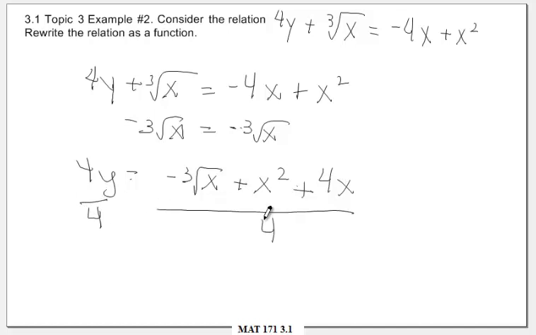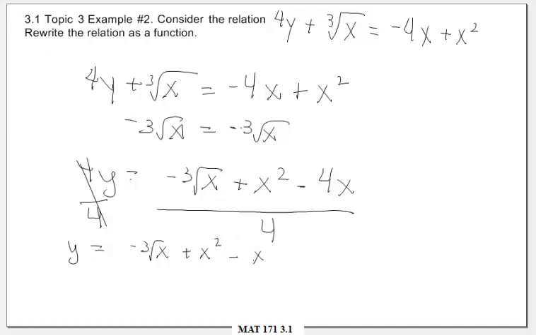And it simplifies to y equals, these cancel out, negative cube root of x plus x squared minus 4x, all divided by 4. So that's going to leave us with just a minus x at the end, because negative 4x, this is supposed to be a minus here, that's just going to leave us with x when we divide.